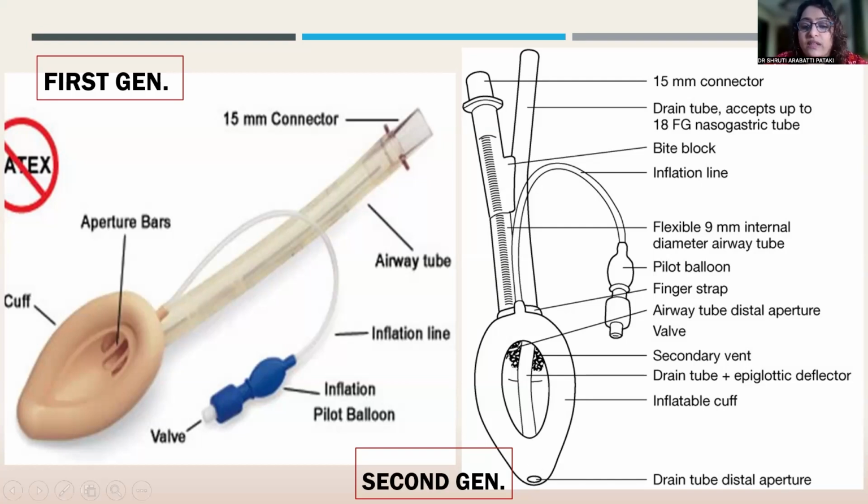Now, if you look at the anatomy, the tip of this laryngeal mask lies in the esophageal opening, near the esophageal aperture, near the esophageal sphincter. If this LMA is in place and you insert your nasogastric tube from here, it will enter the esophagus, go into the stomach and help you decompress the stomach and its contents. You can aspirate the contents and reduce the risk of aspiration further.